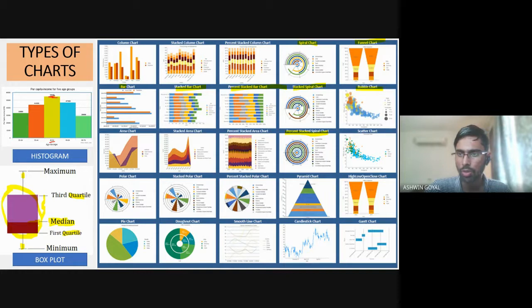Bubble charts, which are helpful for identifying the increase in population or distribution of population, something on those lines. And then the scatter chart is a very common one that we use. Then we have area chart, stacked area chart, and percent stacked area chart. Similarly, we have variations for the polar chart. Pie chart and donut chart are quite similar. And then smooth line chart. We even have a pyramid chart, right?